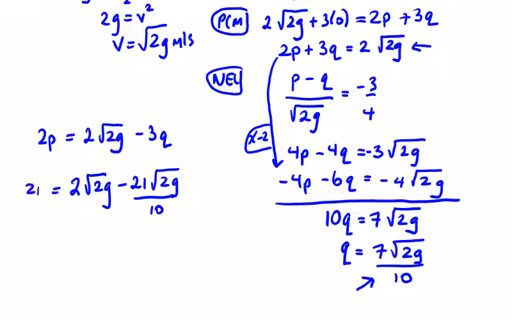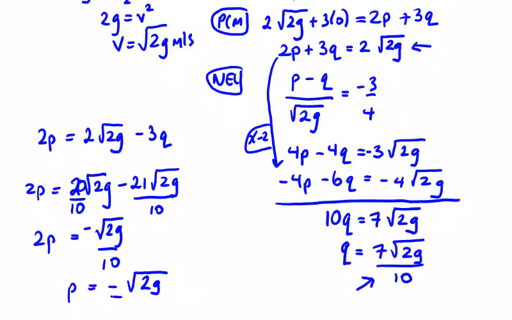That's what 2p is. So 2p is going to be equal to 20 over 10 minus 21 over 10, so that's minus 1 root 2g over 10. So p is equal to minus the square root of 2g over 20.